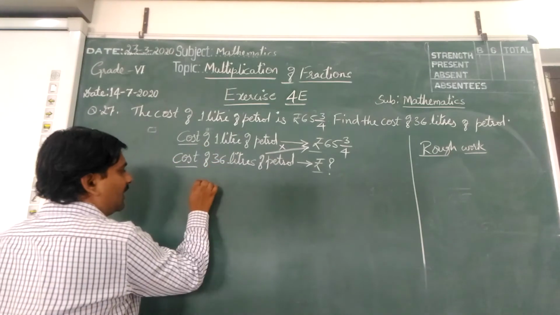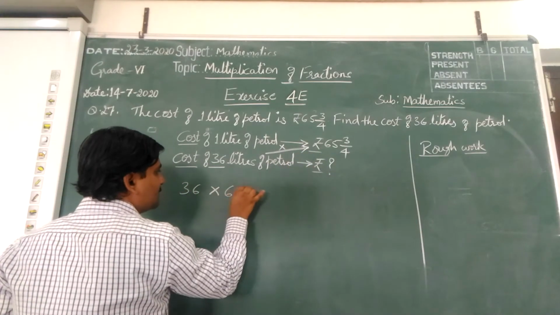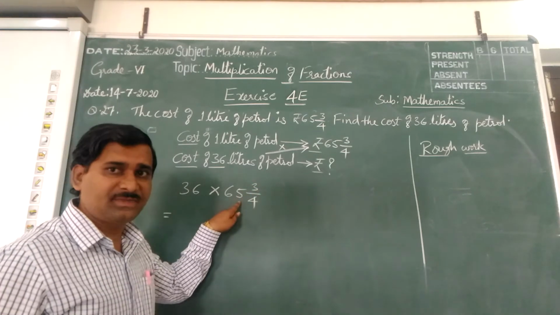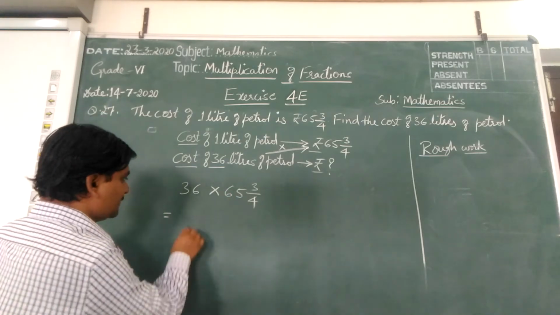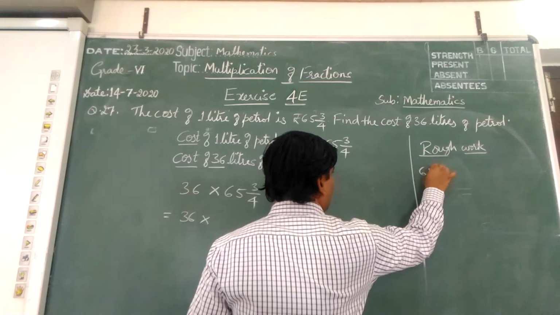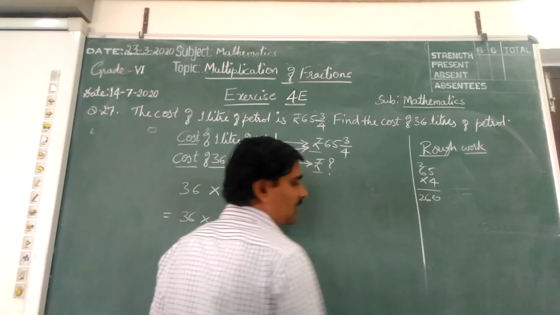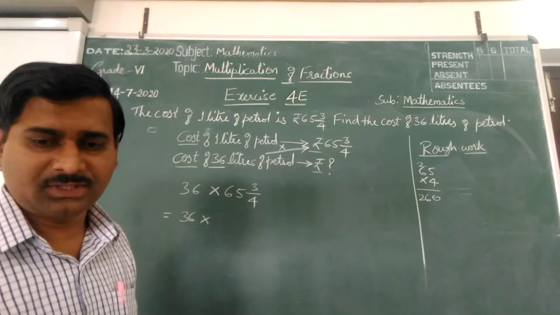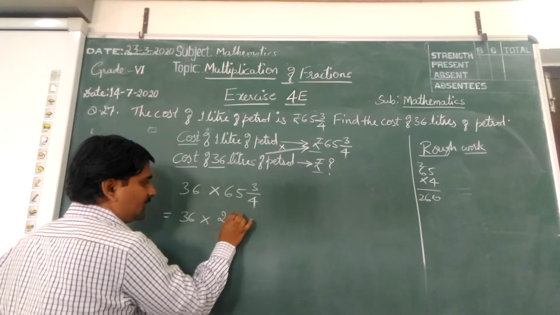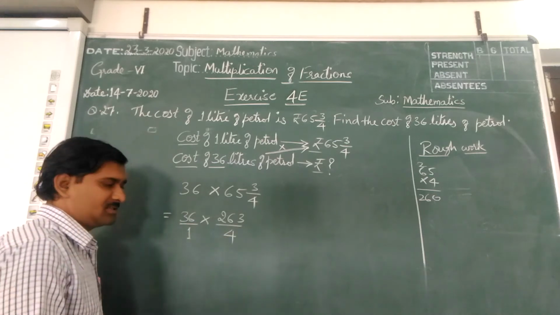So multiply 36 into 65 3/4. The first step is what? Convert this mixed fraction to an improper fraction. 36 kept as it is. 65 fours are 260. 260 plus 3, 263 by 4. 36 can be written as 36 by 1.